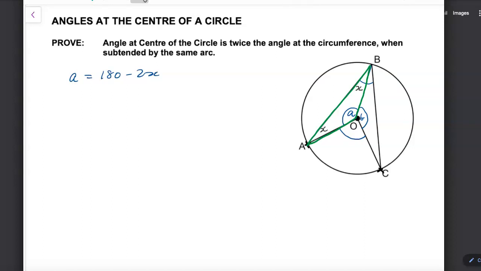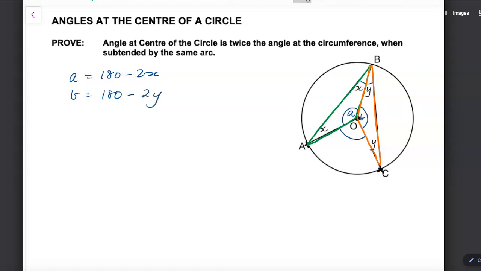And in my other triangle, my isosceles triangle OBC, I'm going to call the angles both Y because they're both equal. So angle B would be calculated by 180 take 2Y.